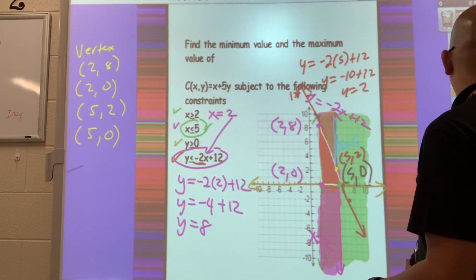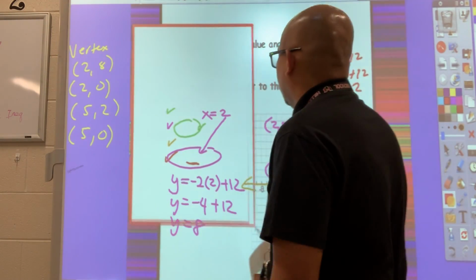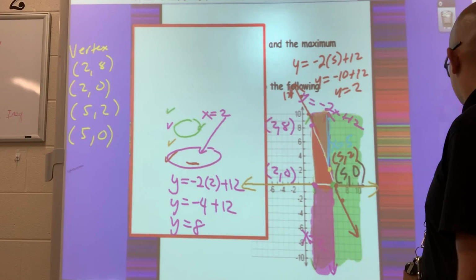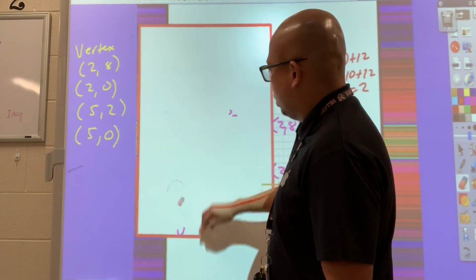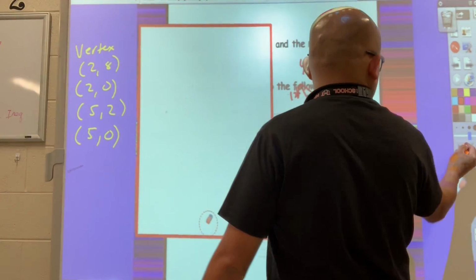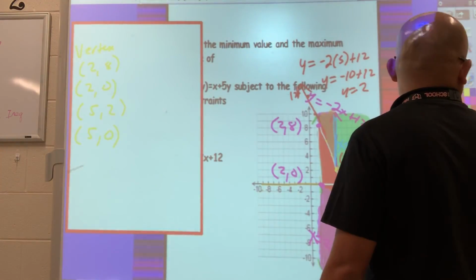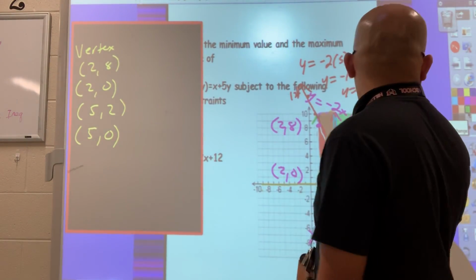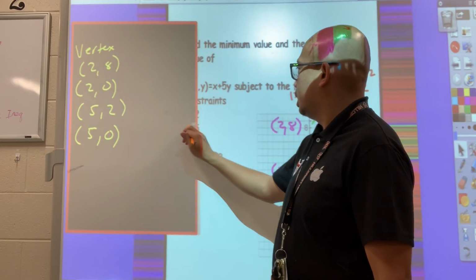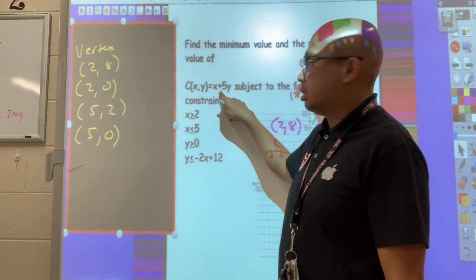What we need to do is plug the vertices into our function C(x, y) equals x plus 5y.